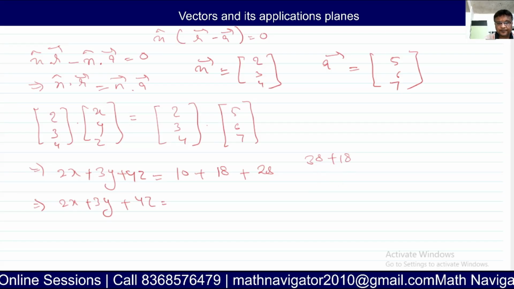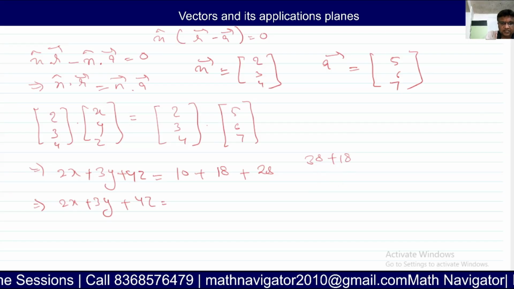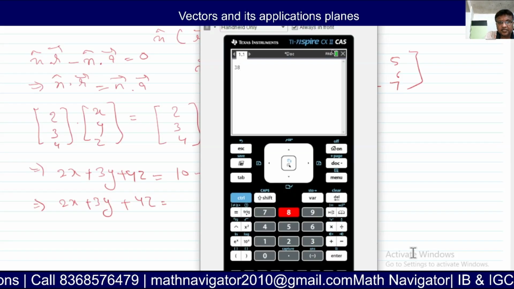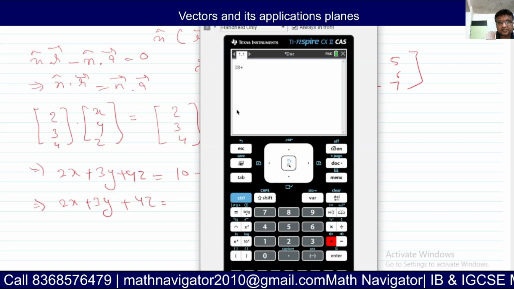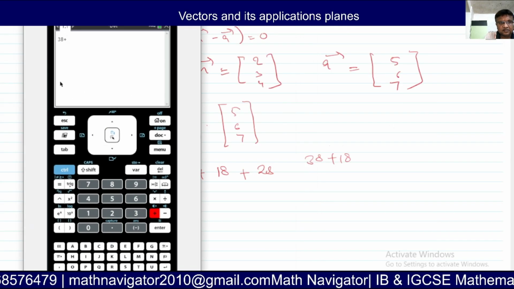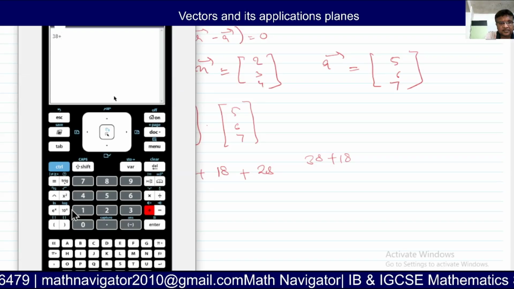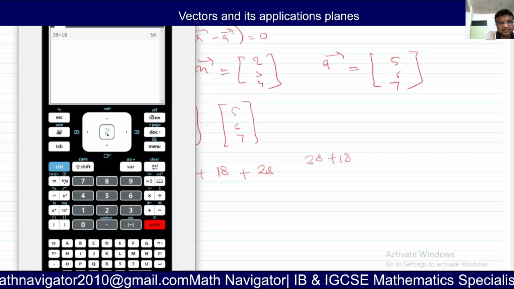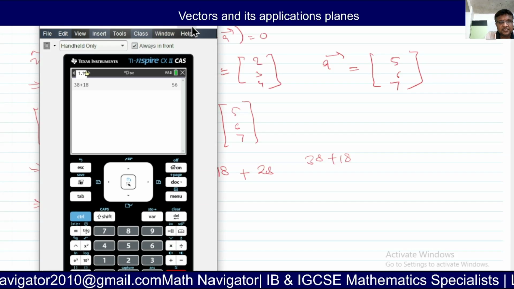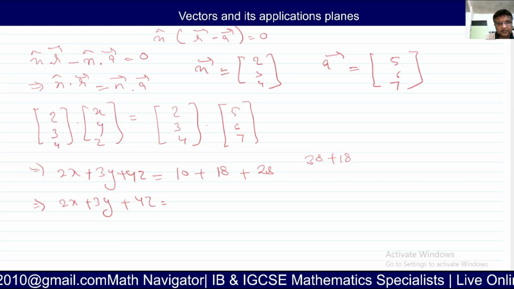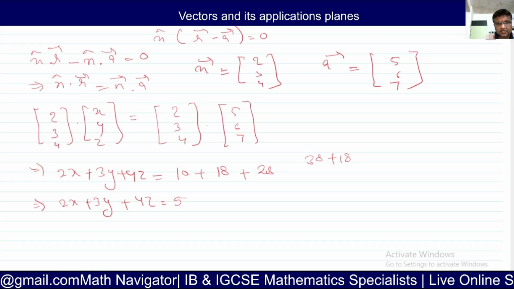How much? Let's check. 38 plus 18, right? It is 56. Perfect. So this is 56, right?